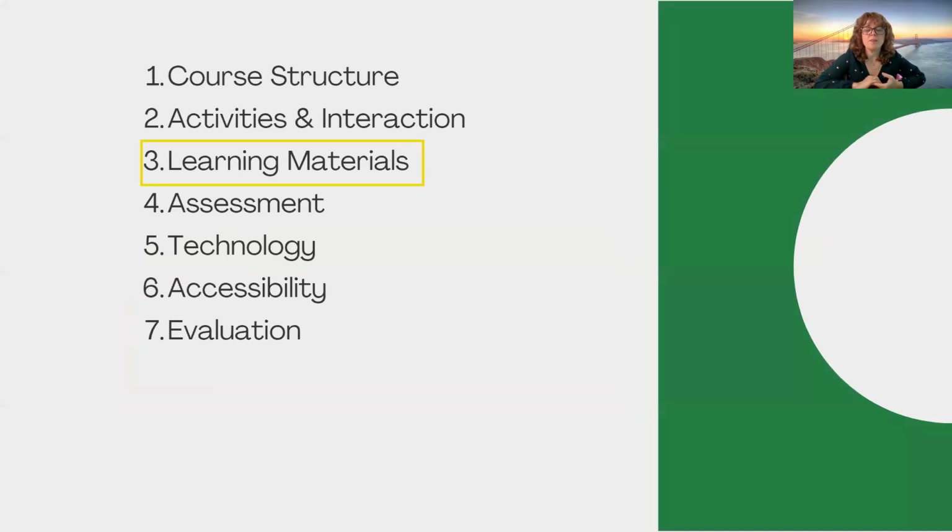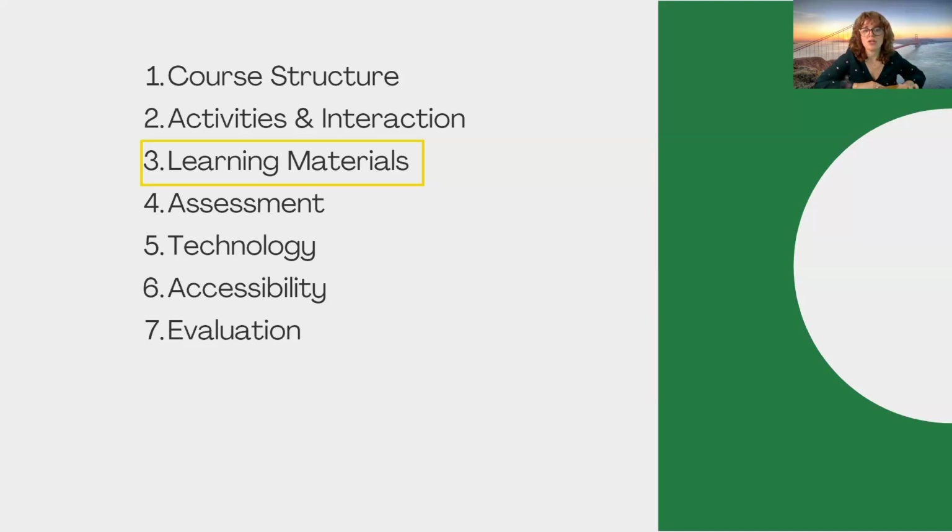So we've talked about a couple different best practices related to alignment. I think this may be the third best practice pertaining to alignment, and it can be found under the third best practice category of 7, on learning materials.